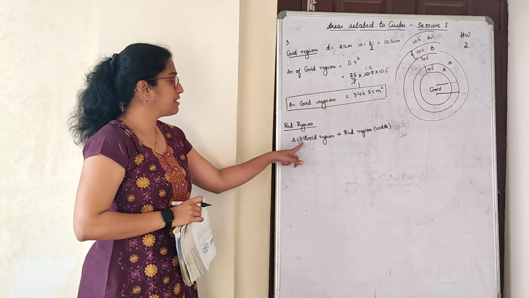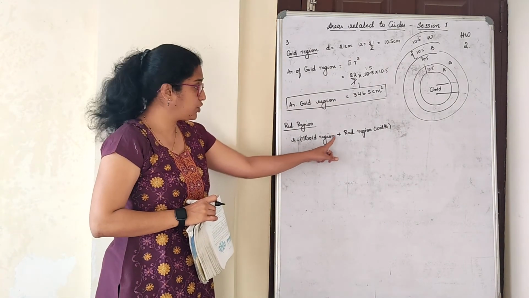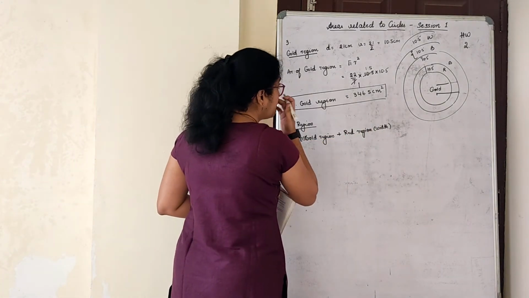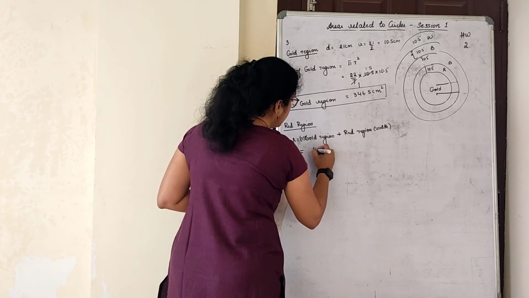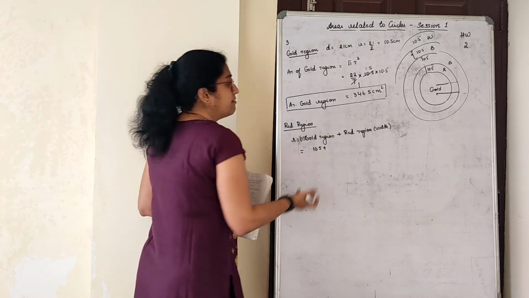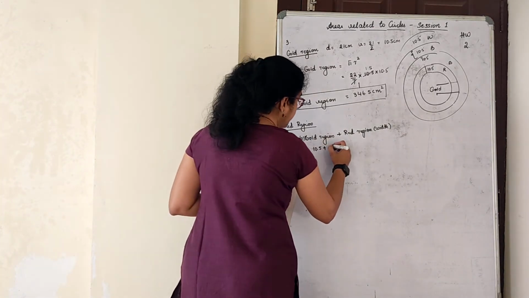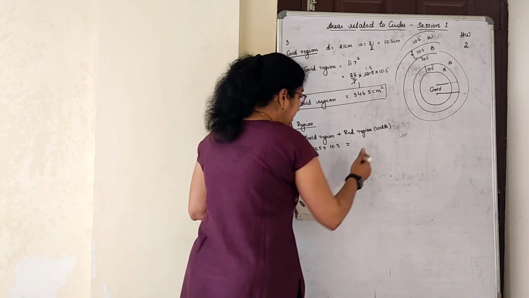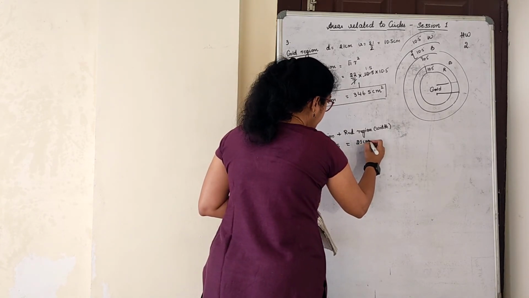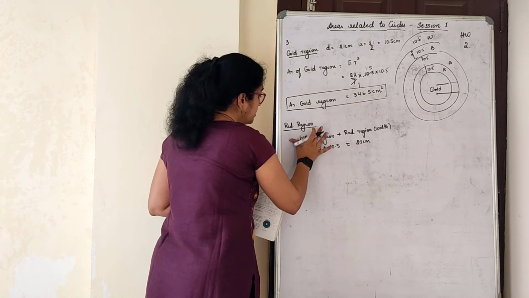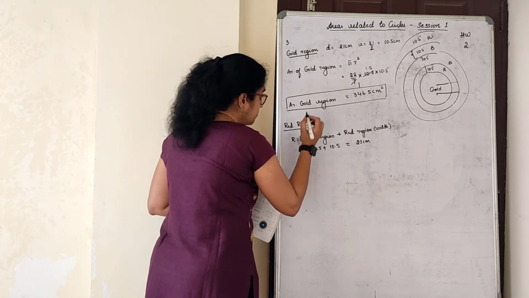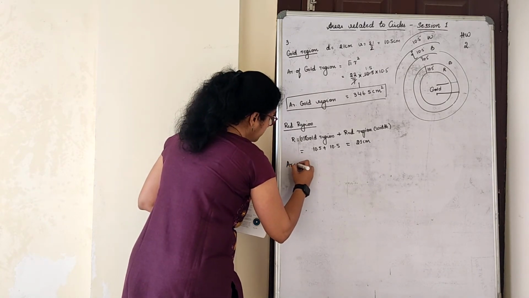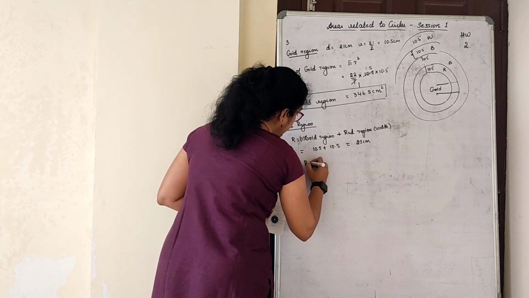Radius of red region is nothing but R, that is radius of gold region plus width of the red region. Now what is radius of the gold region? That is 10.5 plus red region width also is 10.5. So here radius will be 21 centimeter. Okay, I'll use this as a capital R. I'll tell you why. Fine, now next. Area of red region.